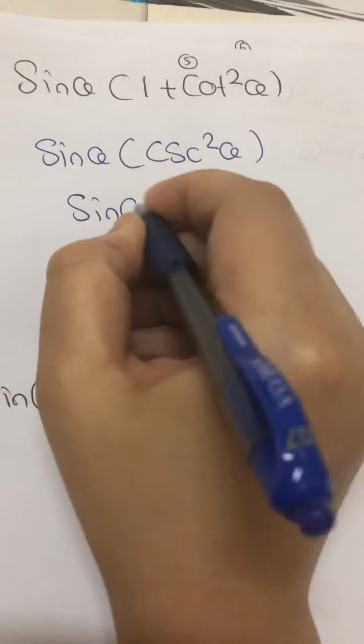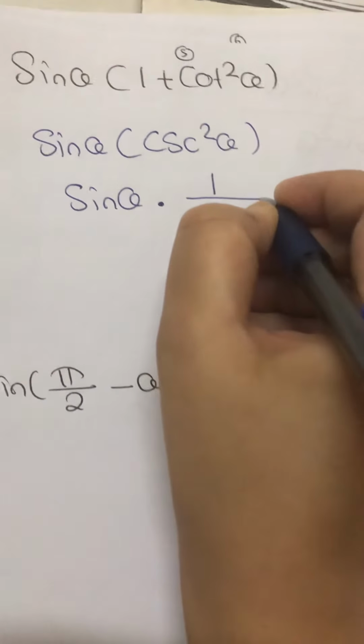So sine theta times 1 over sine squared theta. What will happen now? This is sine theta times sine theta. One of them will go with these, and I'm left with 1 over sine theta. And so the answer is again cosec theta.